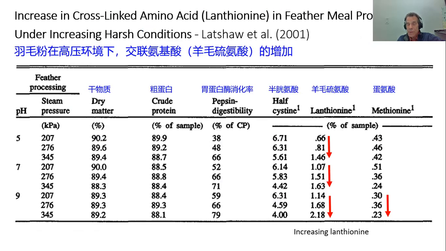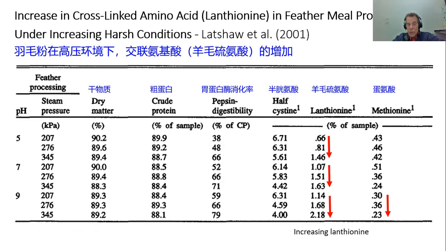As a consequence, when you look at this study, which was carried out a long time ago on feather meal, they used different pressure and different pH where they processed raw feathers into feather meal. As they increase pressure or temperature, they also increase the formation of lanthionine, that cross-linked amino acid.